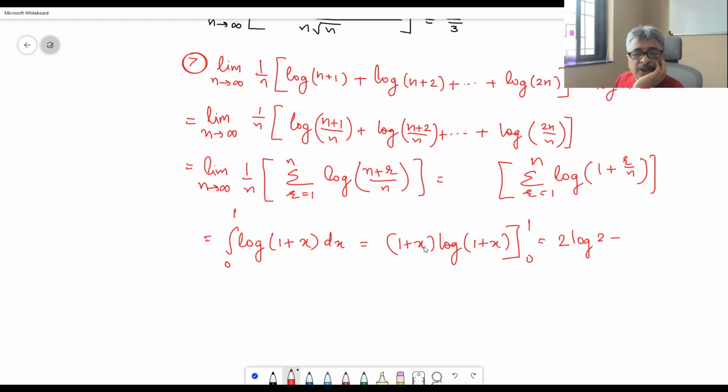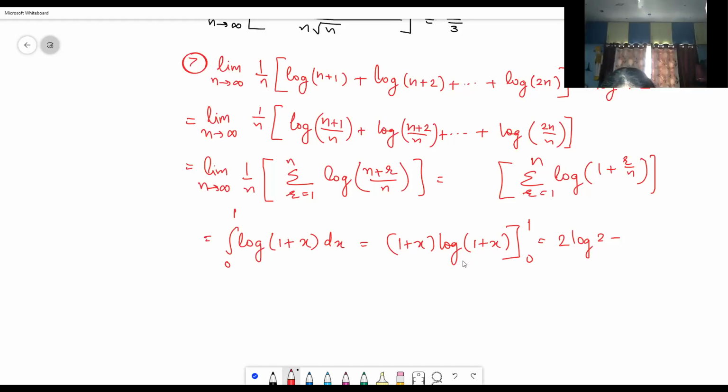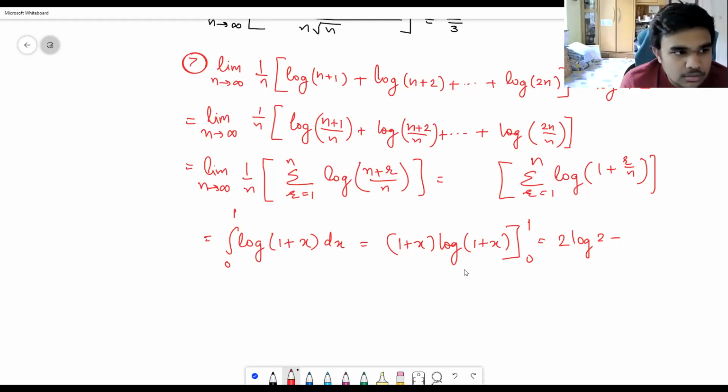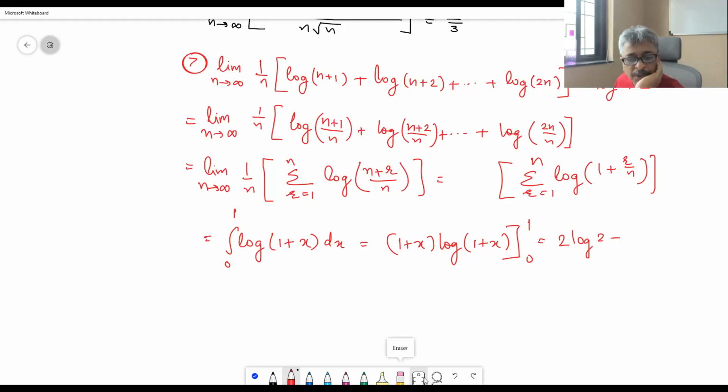When you put 0 here, it becomes 1. Put 0 here, log 0 is... It should be 1 plus x, sir, minus x, log 1 plus x minus x... 1 plus x log 1 plus x minus x. Minus 1 plus x.